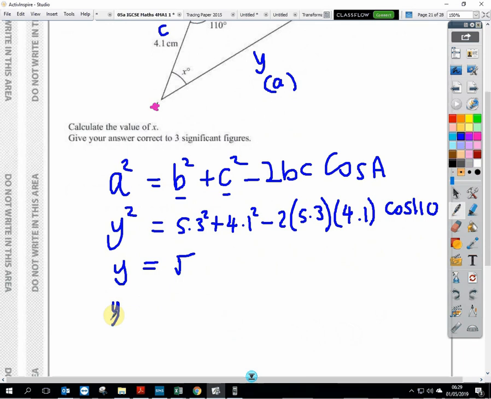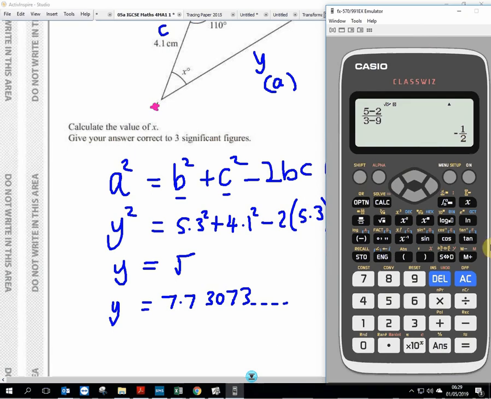Okay, and you end up with something like 7.73073, etc. Okay, let's type this in anyway, because I'm going to have to use the display later on, the ANS button.